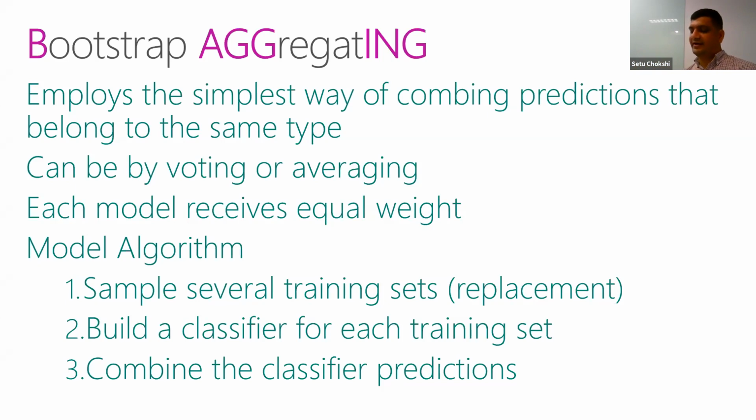I'll build a data set of 100 data points and build a decision tree. Then I go again, sample another 100 data points, and build another decision tree. I keep doing that over and over again. The number of trees that get built is also something that you can control.